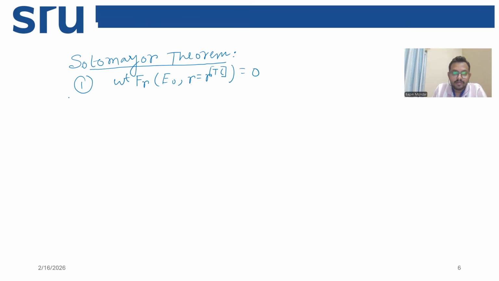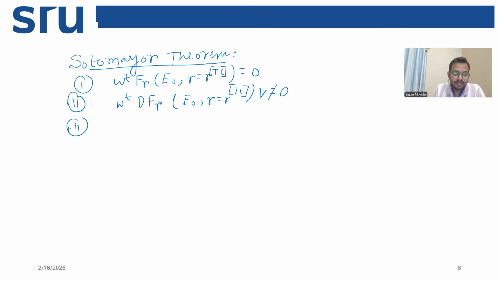The second condition is W transpose [DF_R V] at R equal to R_TC not equal to 0.